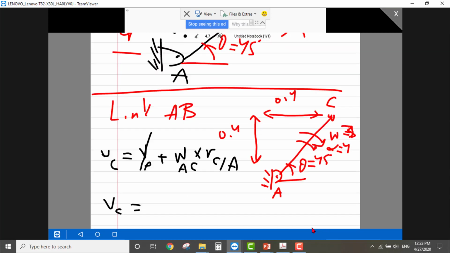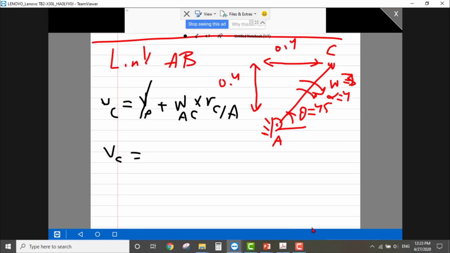Now, omega AC is clockwise, so this is minus, and its value is 3 in the k direction, cross product. In order to move from A to C, we need to move in the positive x direction, which is 0.4 in the I direction, and then we'll travel in the positive y direction, so positive 0.4 j.